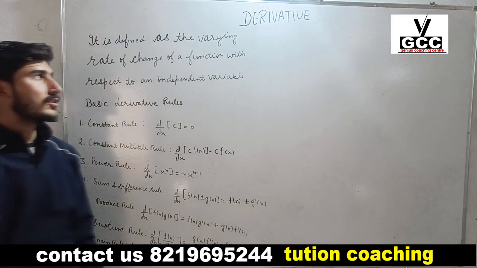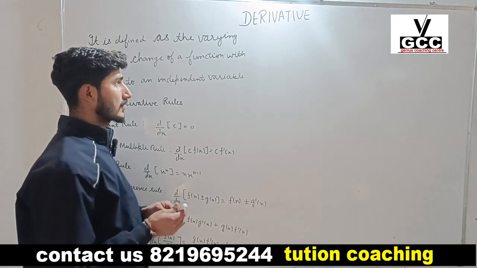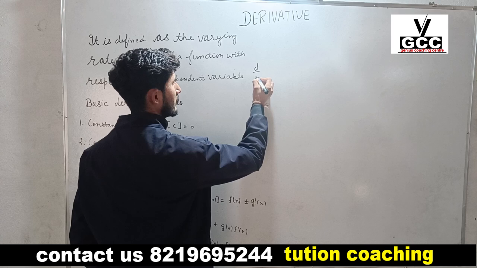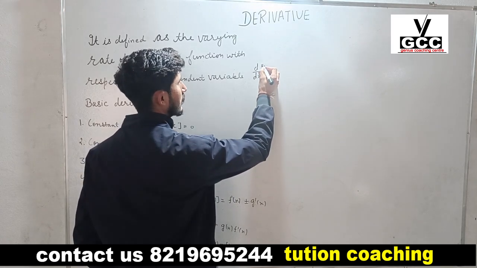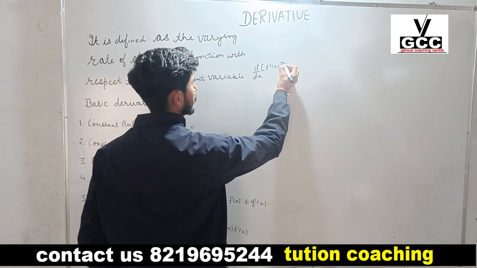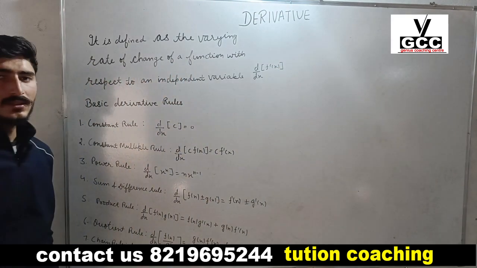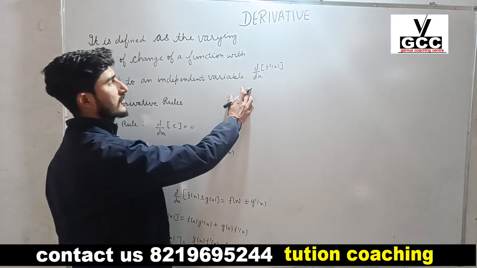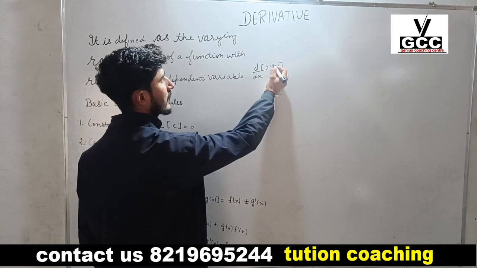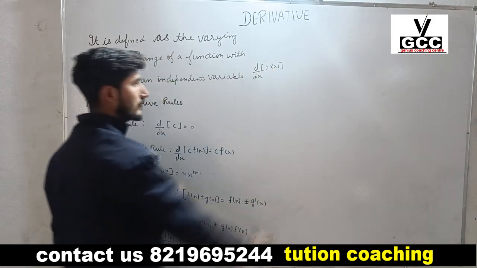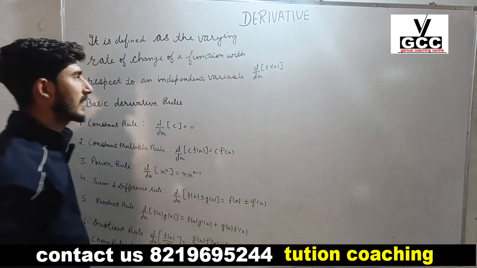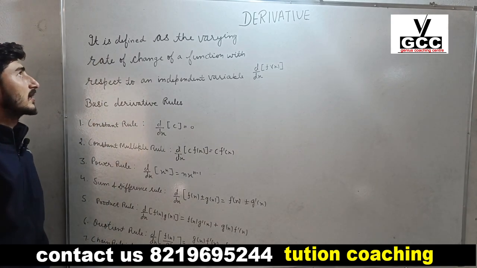What is the notation of the derivative? The general notation of the derivative is written as d by dx of a function f of x, where f of x is any function and x is an independent variable.